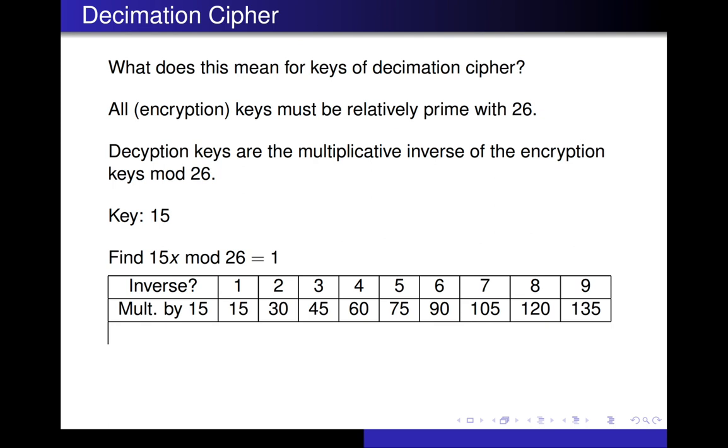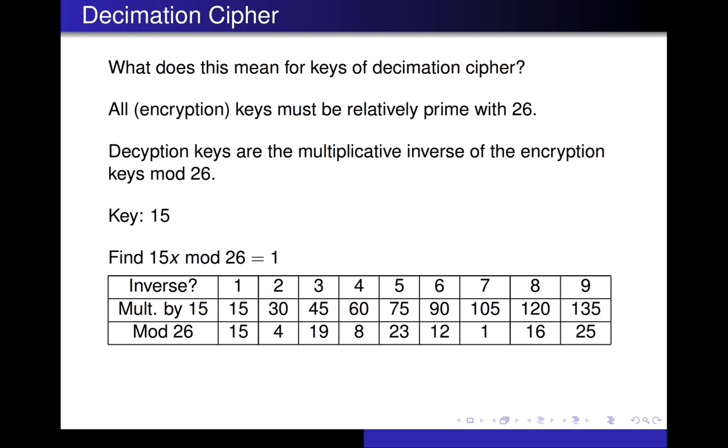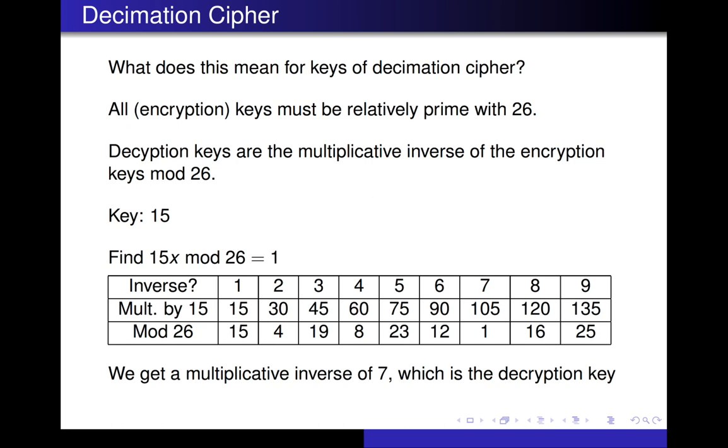But the next thing we want to do is mod those out by 26 to see if we get any 1s. And lucky us, look at that, right below the 7 and the 105, we get a 1, which means that when we multiply 7 times 15, we get 1 mod 26. That tells us that 7 is the multiplicative inverse of 15 mod 26, which makes it the decryption key.